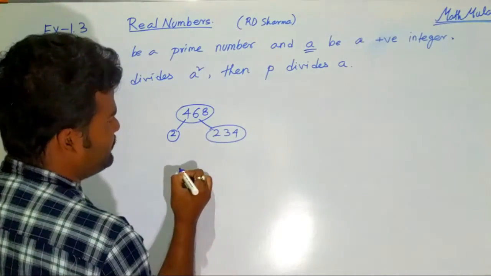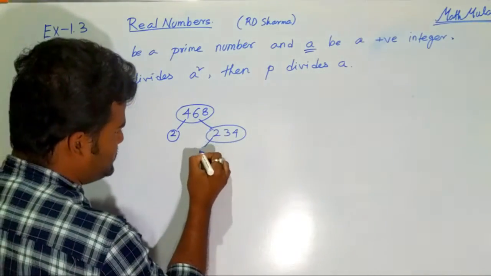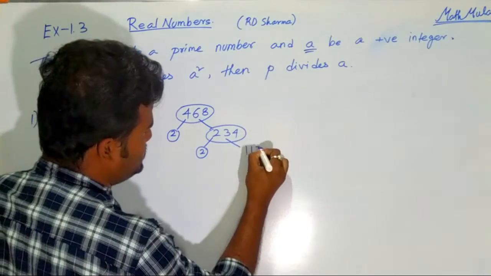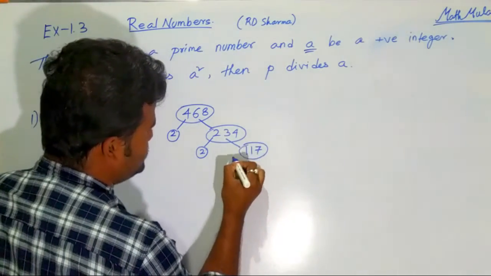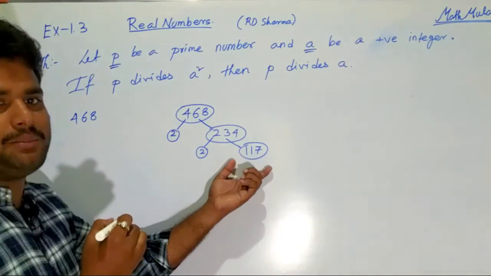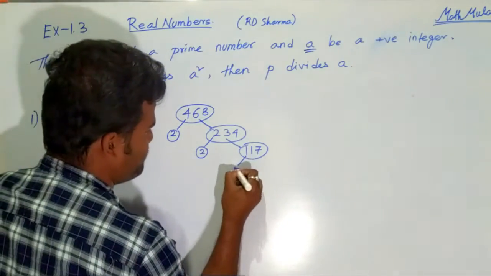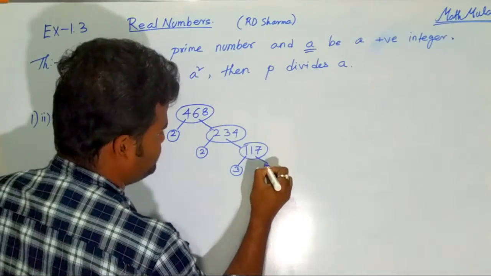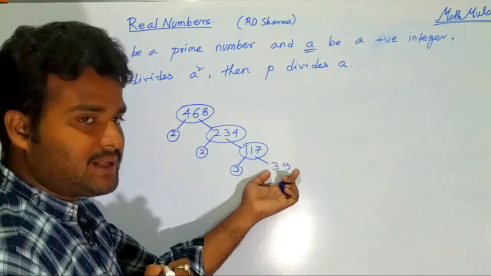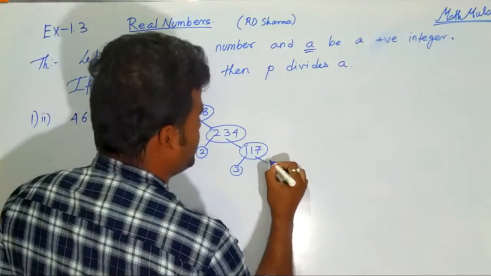Again, this is an even number. We try to divide this number by 2 and it will be 117. Now this is not an even number, so we try to divide this number by 3. Then it will be 39. Again we try to divide this number by 3.